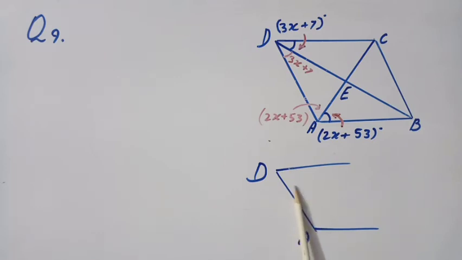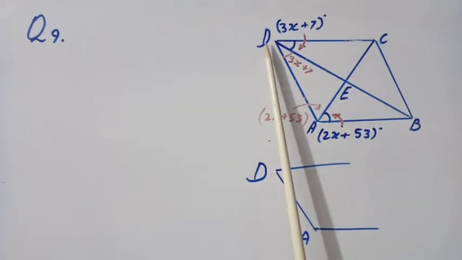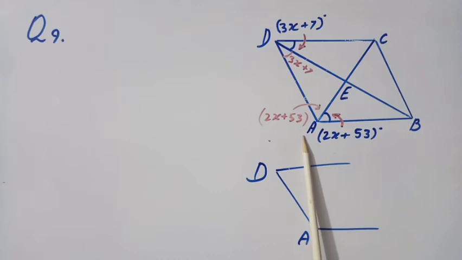Their sum is equal to 180 due to interior angles. These are interior angles because this is parallel to this one. DC is parallel to AB and DA is working as transversal.